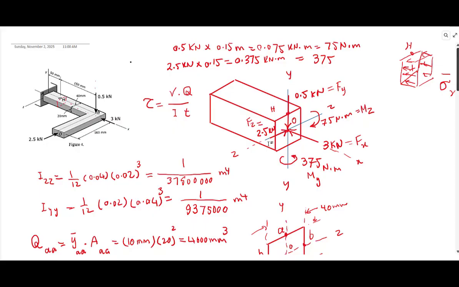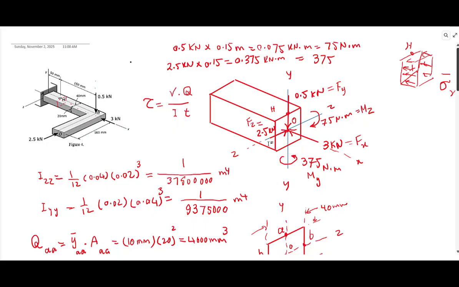So if you are using that formula for 0.5 and 2.5, the very same formula would be interpreted differently. For example, T, when you are applying that along the y-axis, that's the thickness, is from here to here, that is 40 millimeter. But when you are applying 2.5, T is from here to there, which is only 20 millimeter.